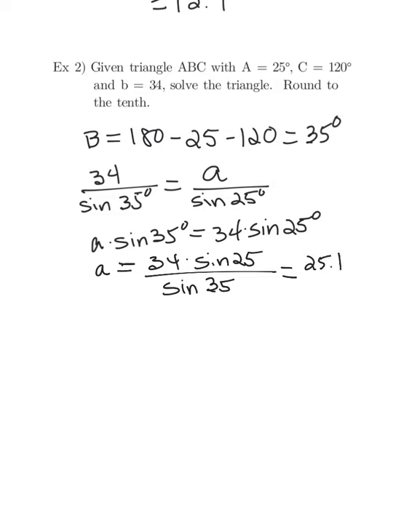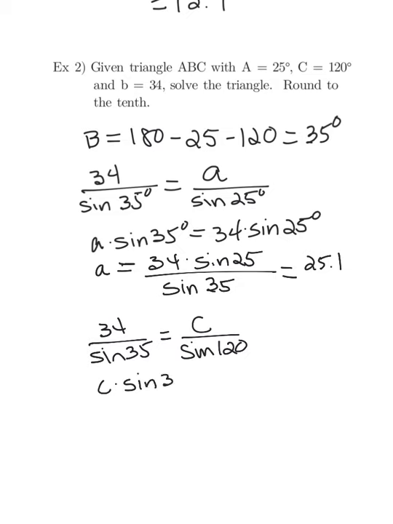For side C, we're going to have 34 over the sine of 35 degrees equals side C over the sine of angle C, which we know is 120 degrees. Cross multiply, we're going to have C times the sine of 35 equals 34 times the sine of 120.